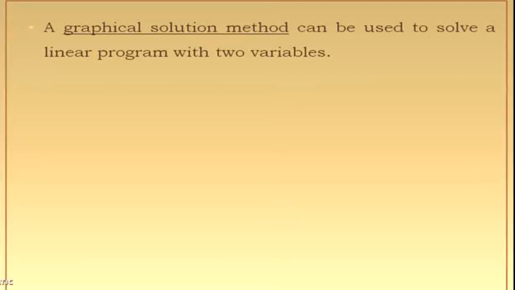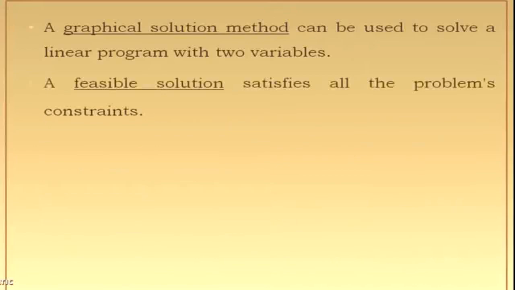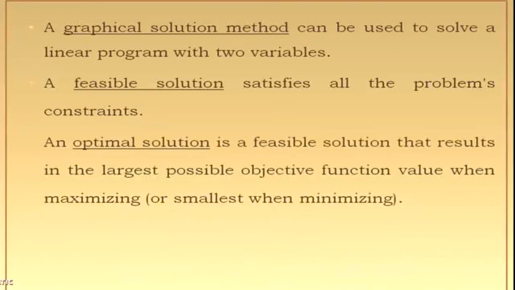A feasible or possible solution of the LP problem only satisfies all the problem's constraints. Therefore, we need to find the best solution of the problem. The optimal solution or the best solution of the problem is a feasible solution that results in the largest possible objective function value when maximizing, or giving the smallest objective value when minimizing.